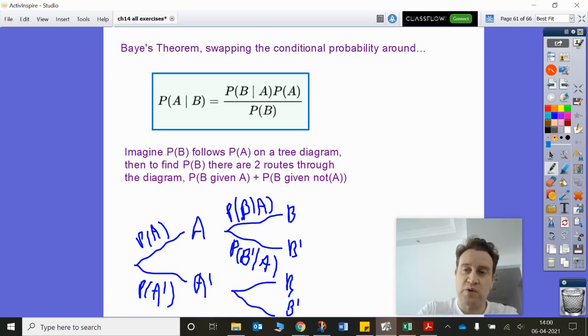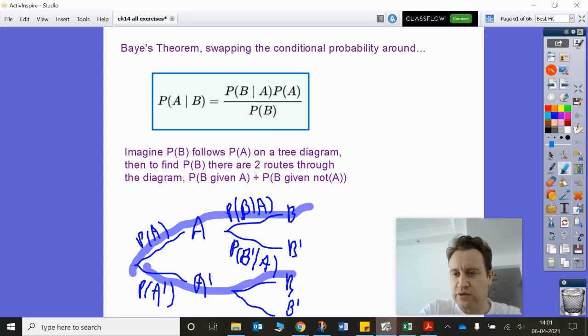If you're actually interested, you have all of these conditional probabilities on your second branches in tree diagrams. So if you have the probability of B given A, and you know what the probability of A is, you're going to need to know what the probability of B is in order to use this formula to switch around your conditional probabilities. Now, where is the probability of B? Well, the probability of B is this route and this route through your tree diagram.